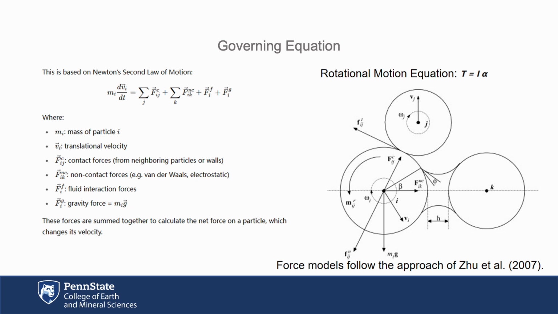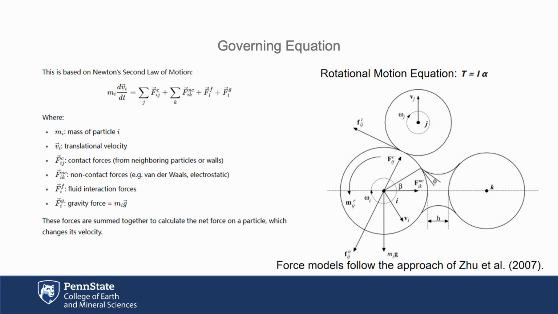Alright, last bit, rotation. On the right, you can see the same three grains, but now I'm focusing on spinning instead of sliding. The rule is just Newton's law for rotation: torque equals inertia times angular acceleration, T equals I alpha. Where does the torque come from? The contact force isn't hitting the center.